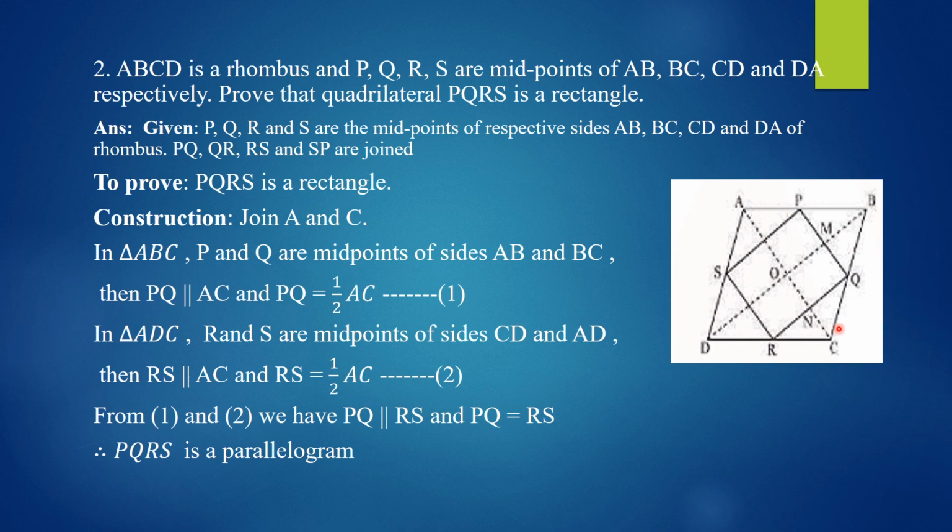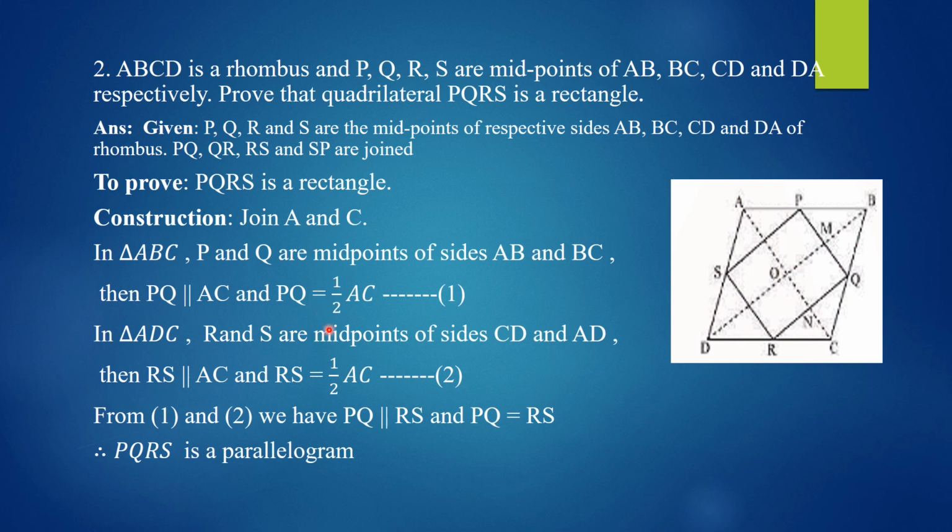Using midpoint theorem, we can say PQ will be half of AC and PQ will be parallel to AC using equation number 1. In the next triangle ADC, S is the midpoint of AD, R is the midpoint of CD. We can see SR will be parallel to AC and SR equal to half of AC.